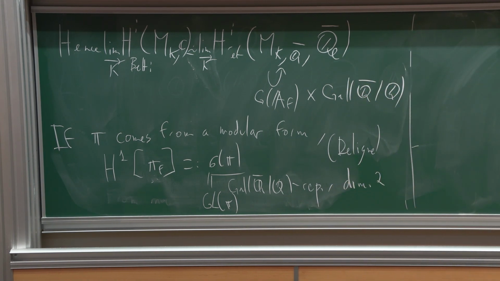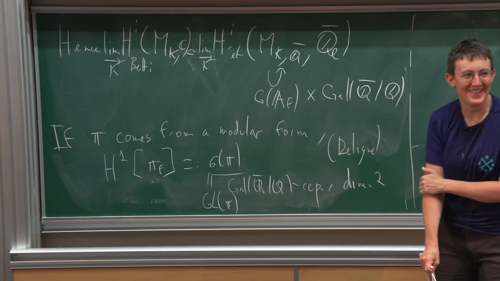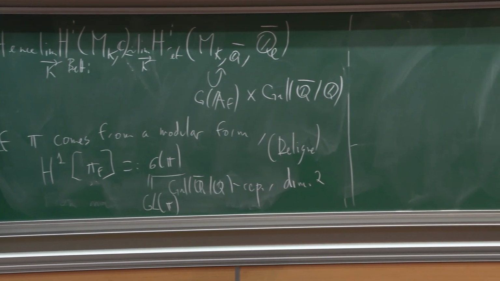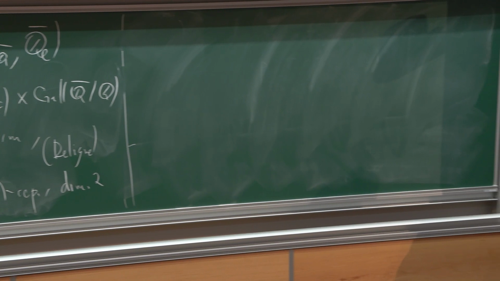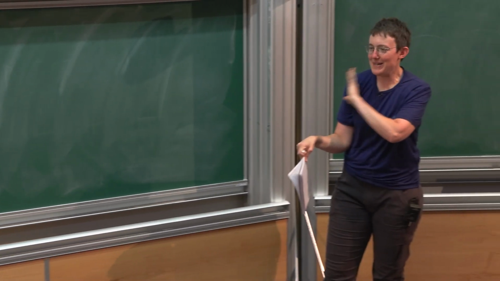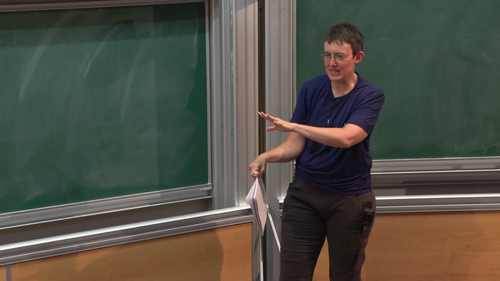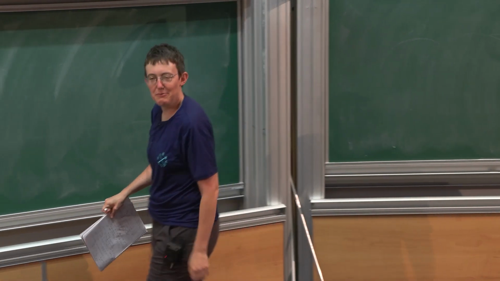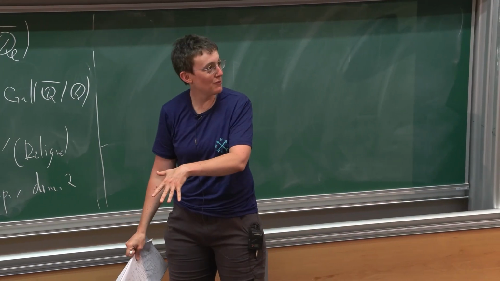Okay, so which local Langlands correspondence are you referring to? Is there a twist or not? Please don't ask me that question. I didn't check. The only one that I really understand is the unramified local Langlands correspondence.